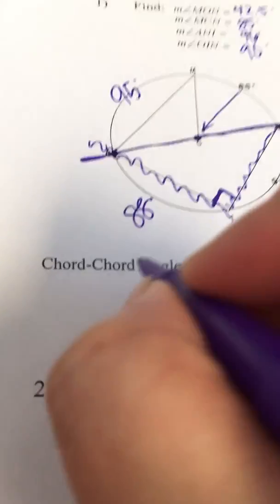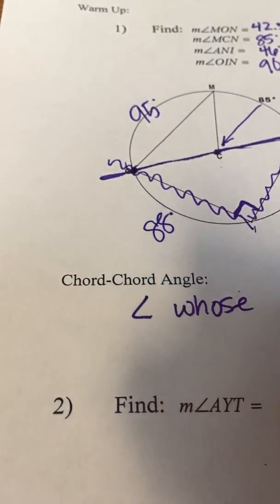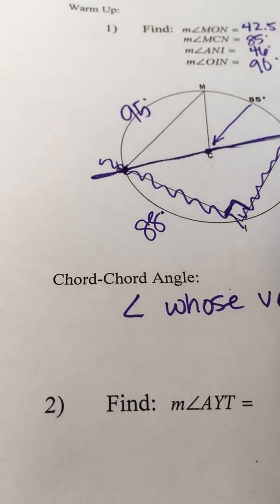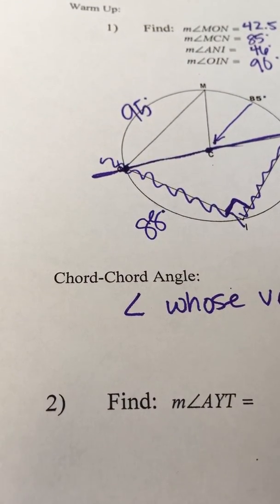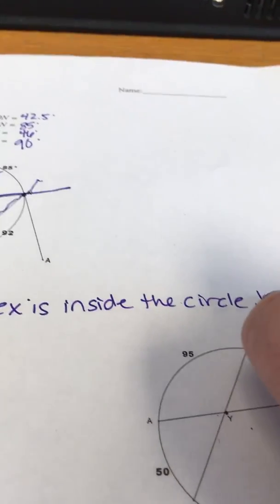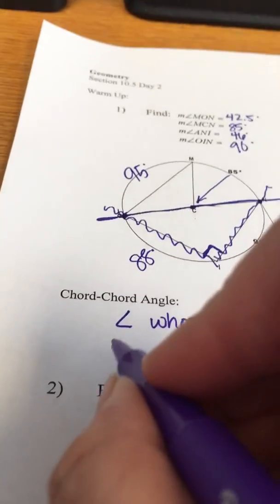So an angle whose vertex is inside the circle but not at the center.